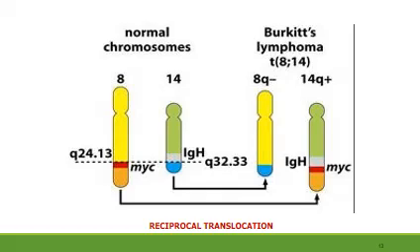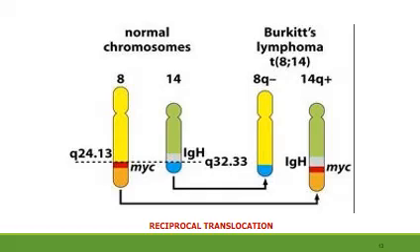Since it is placed adjacent to a gene which is actively involved in the formation of immunoglobulins, actively transcribing and forming proteins, the MYC gene, which was inactive on chromosome 8, has now got activated and goes through transcription and translation.